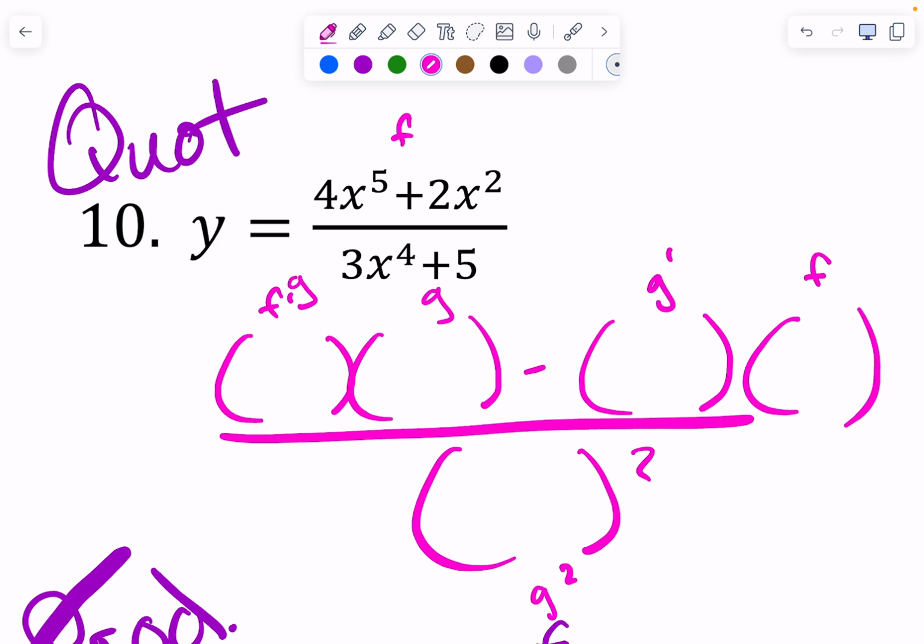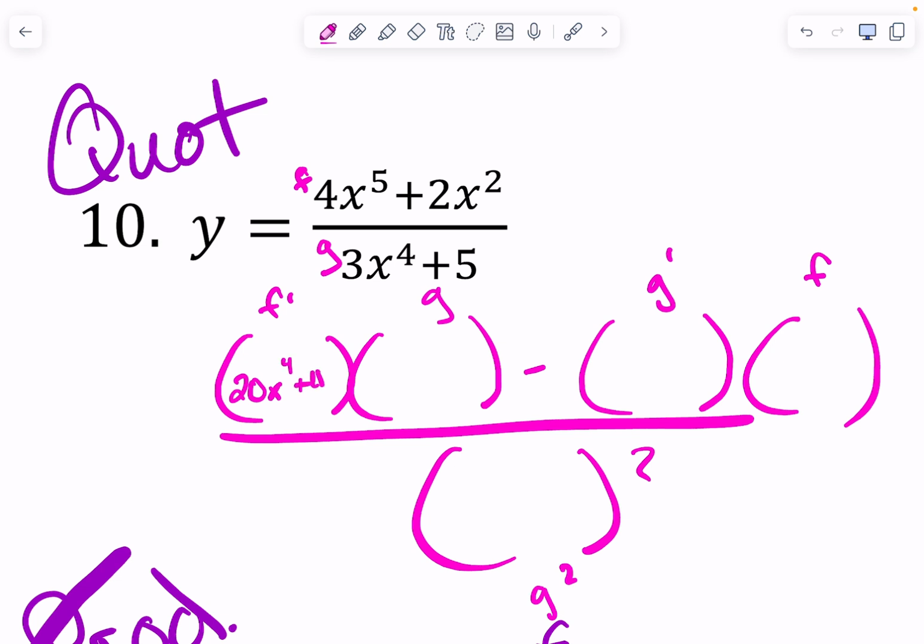F prime G, minus G prime F. I've got a weird thing going on here because my G is too big.